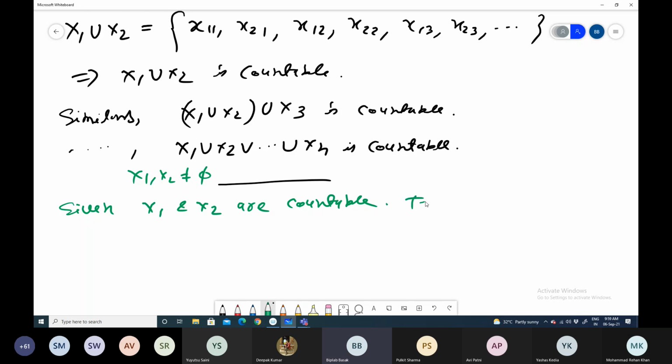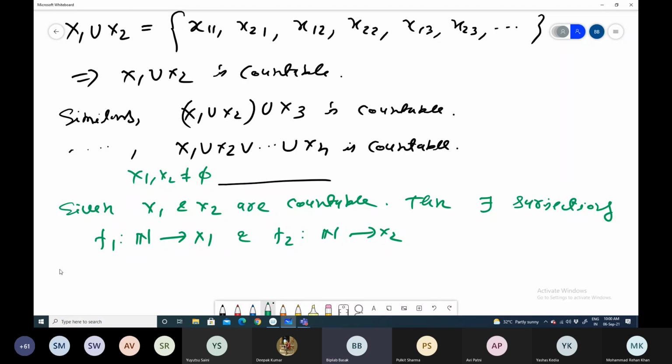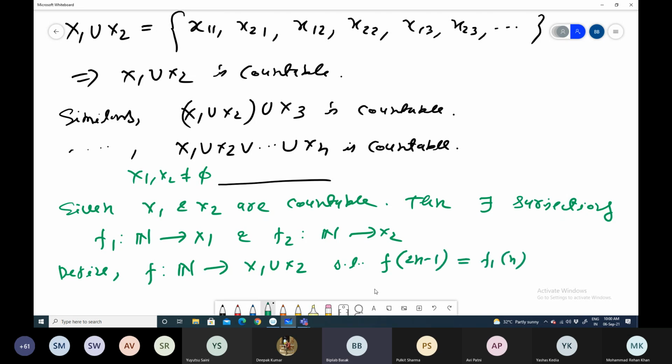Then there exist surjections f1 from the natural numbers onto x1 and f2 onto x2. Now we can define a new surjection f from the natural numbers to x1 union x2 such that f of 2n minus 1 equals f1 of n and f of 2n equals f2 of n.